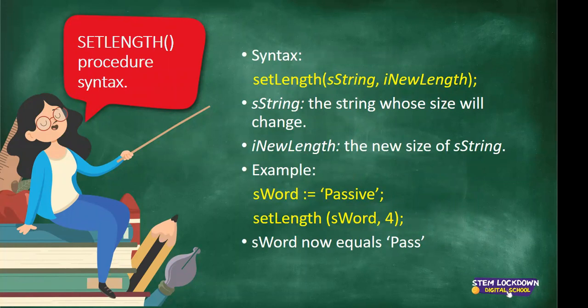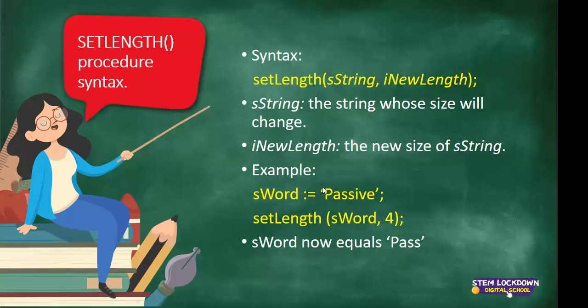So the syntax for this is set length with 2 parameters. First one being a string, and that is the string whose size will change. And then the second parameter is the iNewLength, and that would be the size of the new string. So our example over here, if I have sWord and I store passive in it, and I apply set length on sWord, comma 4, I permanently change, this is a procedure, so I permanently change sWord, the new length now becomes 4.